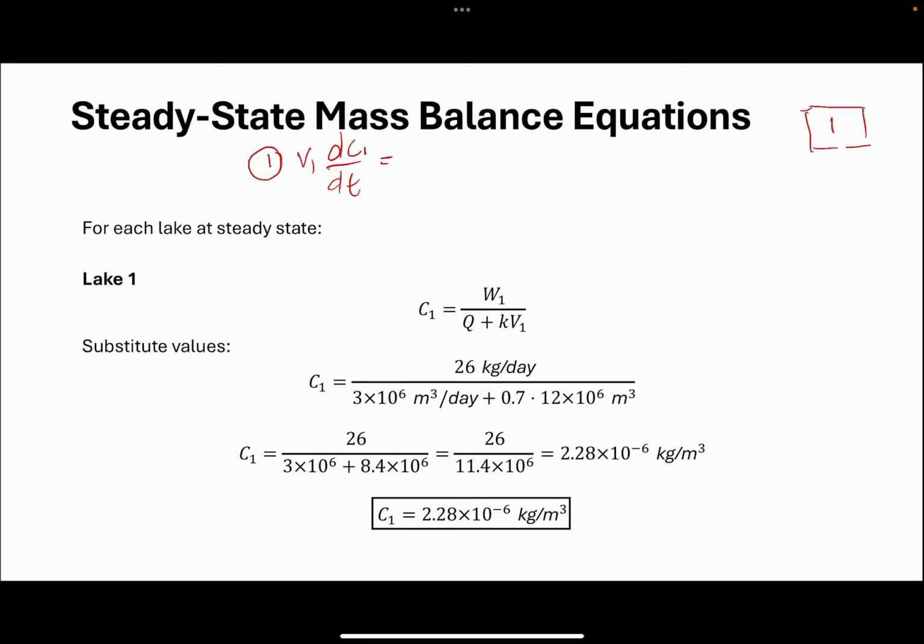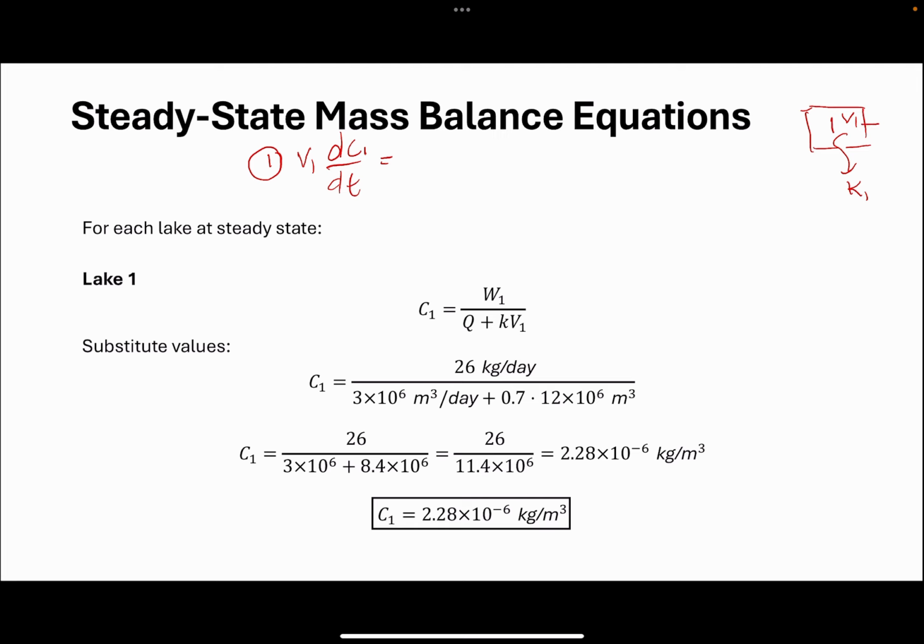Remember, it has a volume, volume 1. It has K, which is the same for all, but unless one time lakes have different Ks, we have to specify whether K1 is similar to K2 or different. So here they are similar, but we should still put K1 as a factor.